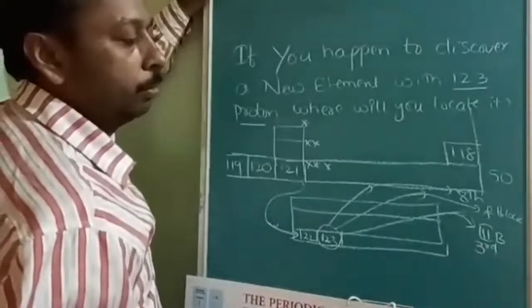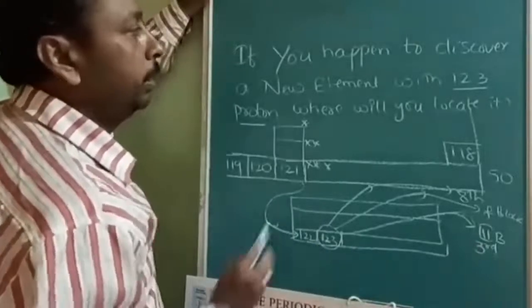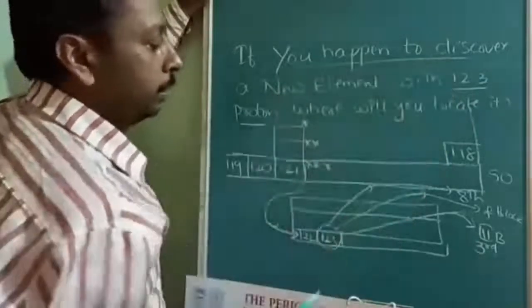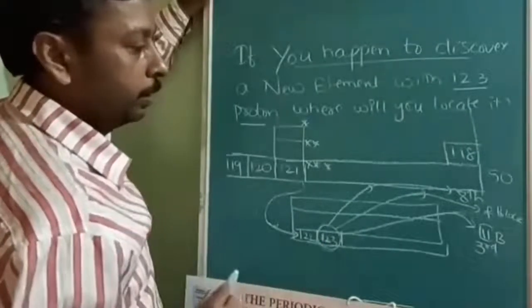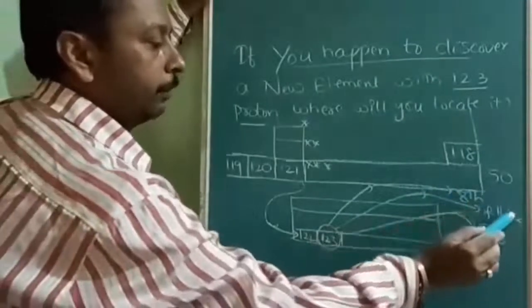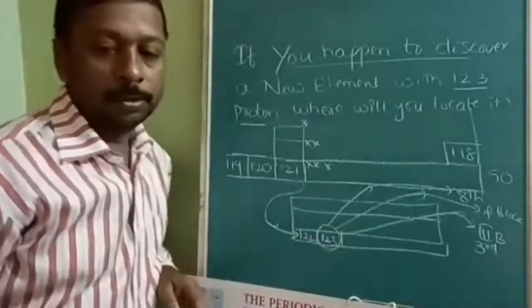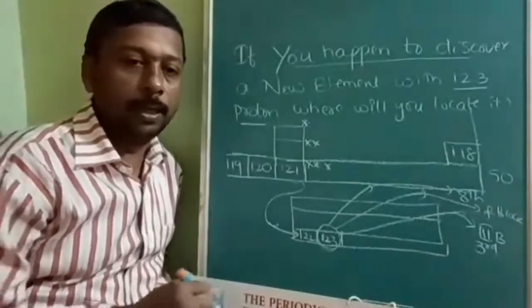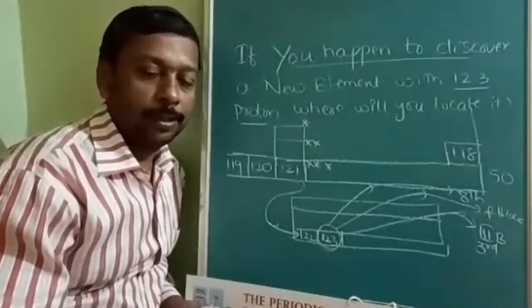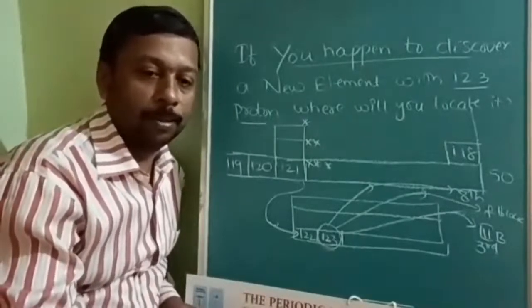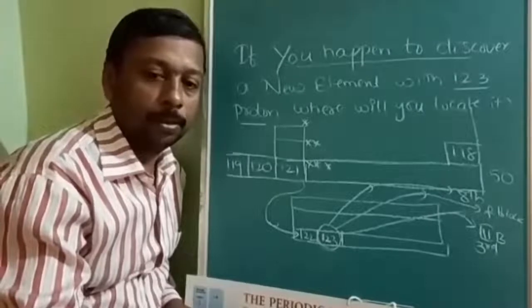The 123 element which you will discover is going to be placed in the eighth period of F block with the third group. That is how you can locate an undiscovered element in the periodic table. Note this down.